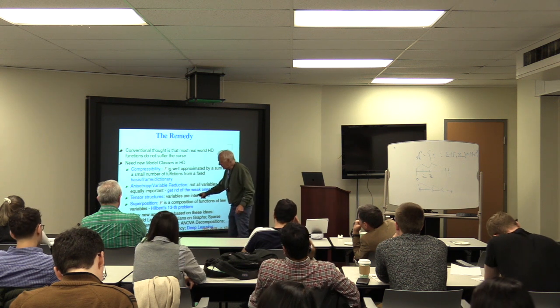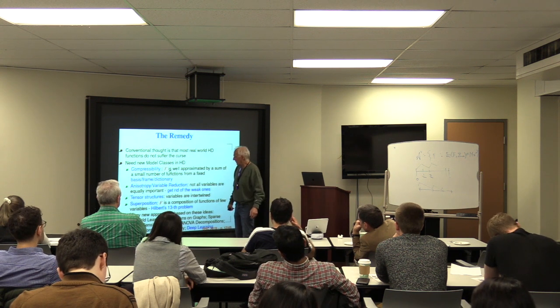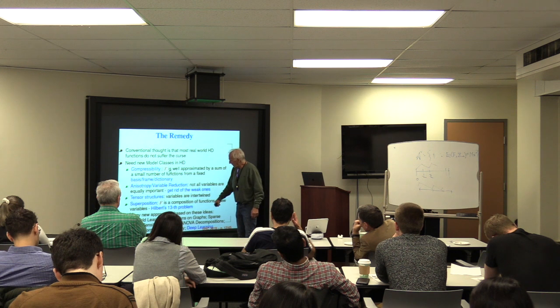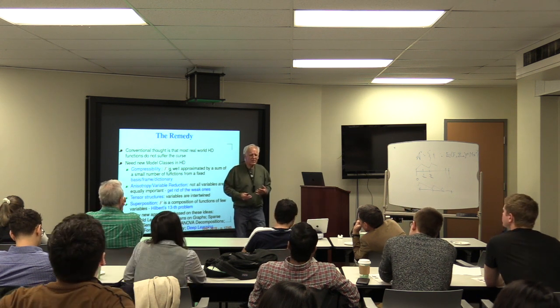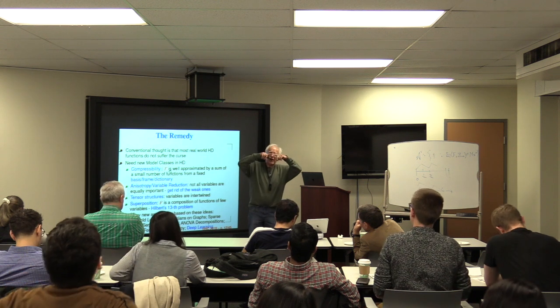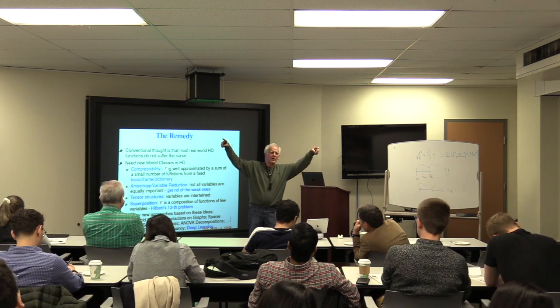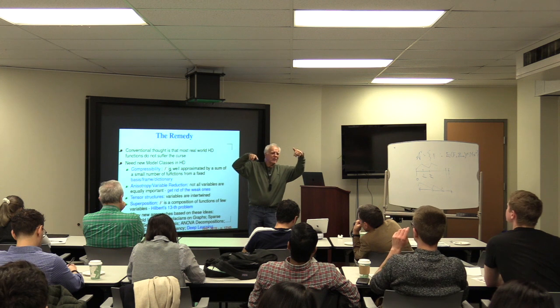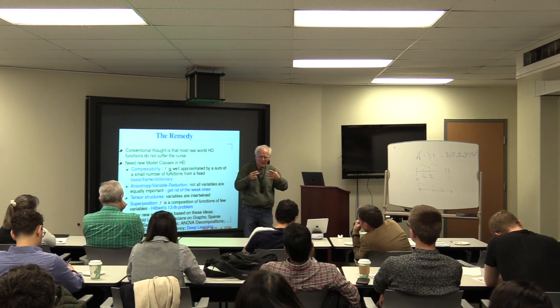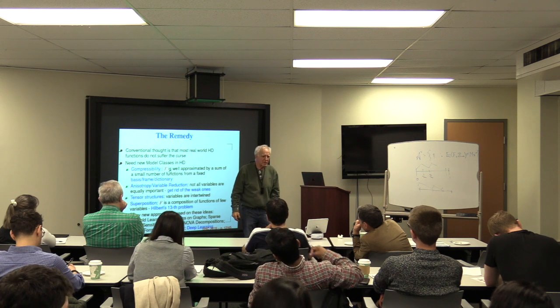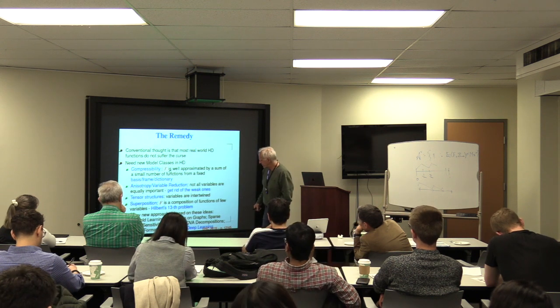Another is tensor structures. Maybe you've heard about this, that the variables are intertwined in some way that even though on the surface it looks like it depends on 100 variables, really the 100 variables can be combined in some way that the number of parameters is actually much smaller.